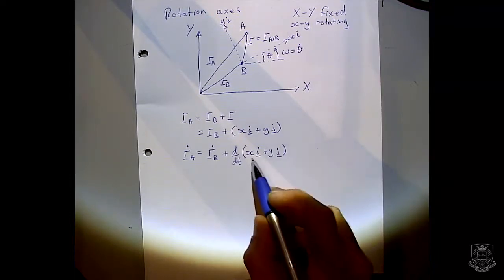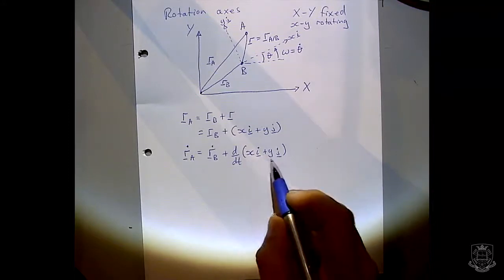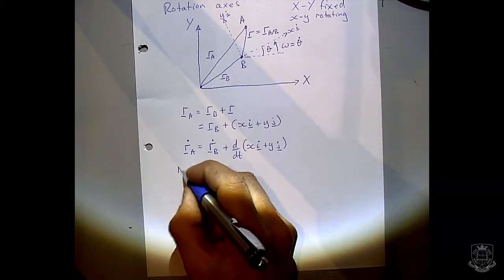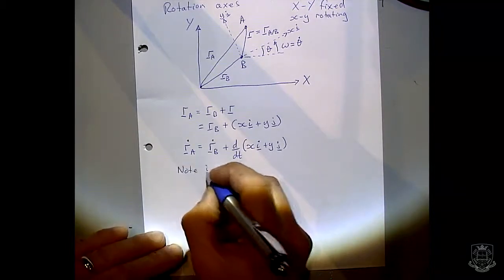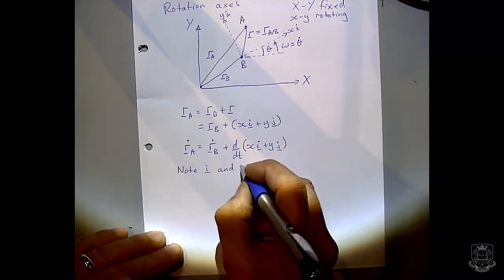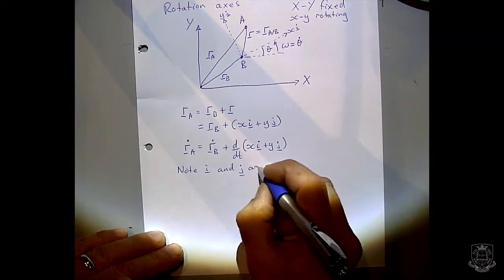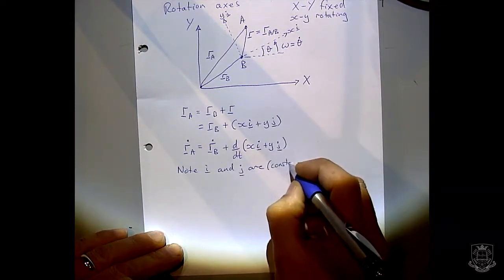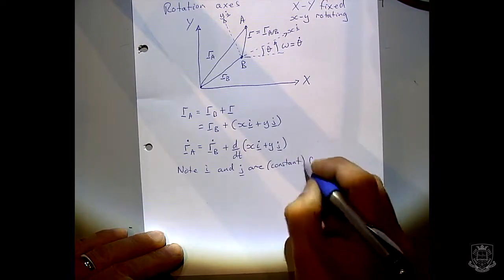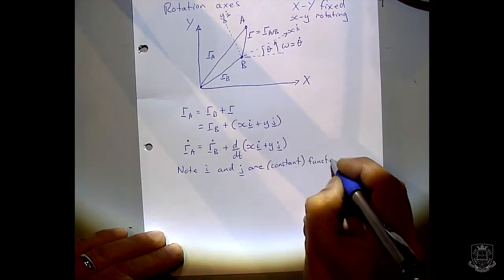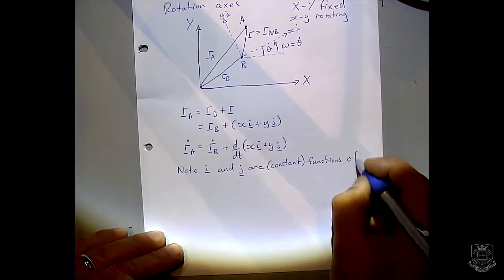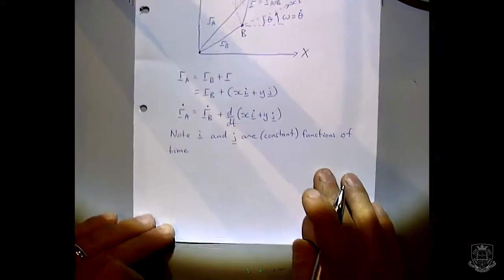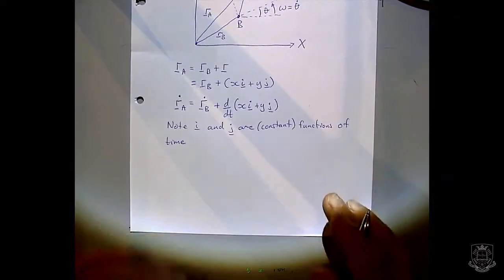So when we differentiate these things, we're going to have to use the product rule. So what do we get?